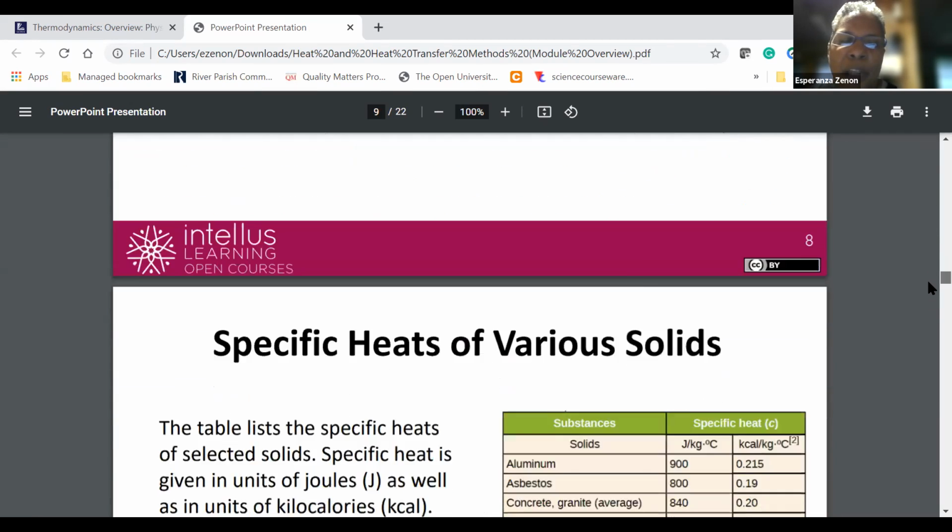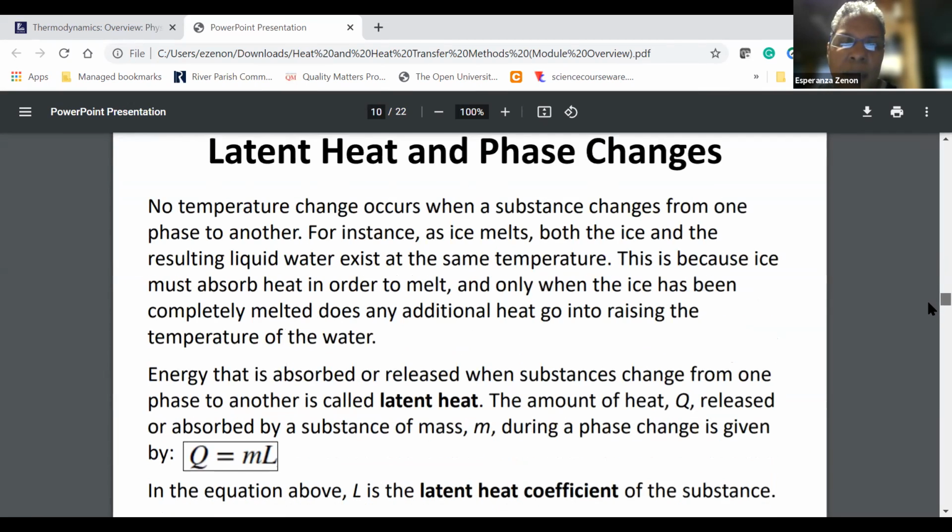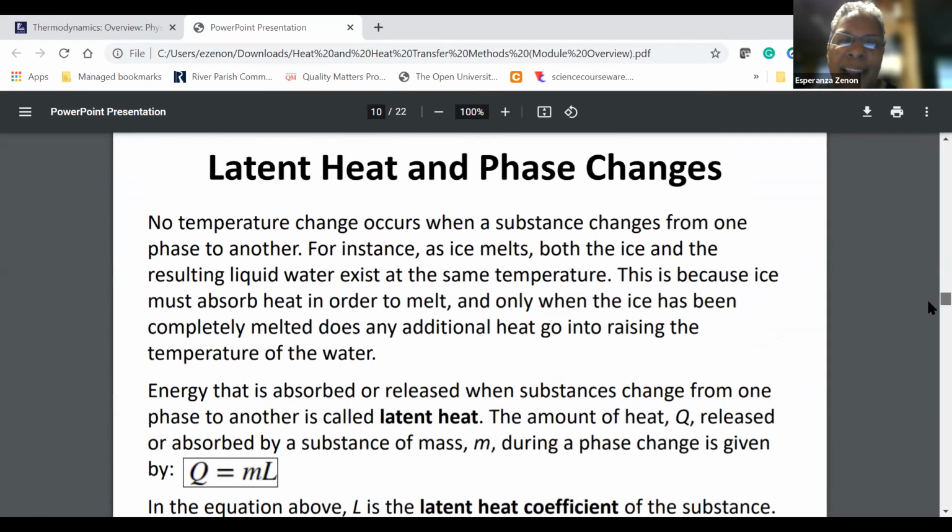That makes absolutely no physical sense, because you know that if you are going to boil water, you have to heat it up. So the fact that the temperature difference is 0 means you cannot rely on the specific heat formula. You need a new formula, and we call that formula the latent heat formula, okay?